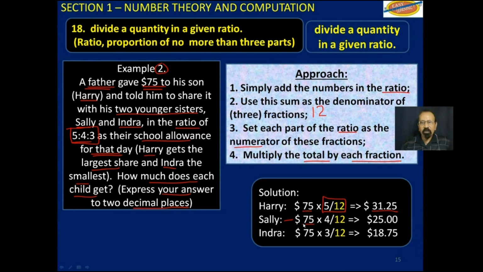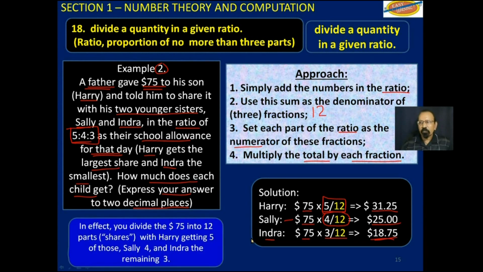Sally gets 75 multiplied by 4 over 12, which is $25. And Indra gets 75 multiplied by 3 over 12, which would be $18.75. Again, what you did, you divided $75 into 12 parts or 12 shares, and Harry gets 5 of those, Sally gets 4 of those, and Indra gets the remaining 3.